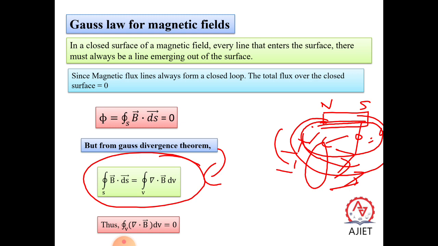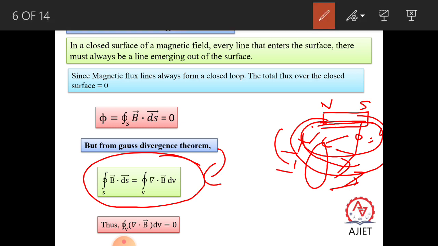When you equate equations 1 and 2, the closed volume integral of del dot B dV is equal to 0, since no flux is remaining in the closed volume. If you take this as the closed volume, there is no flux remaining here, so this reduces to 0. Then we can write the closed volume integral of del dot B dV is equal to 0. So this Gauss law for magnetism says that actually there are no magnetic charges, analogous to electric charges.